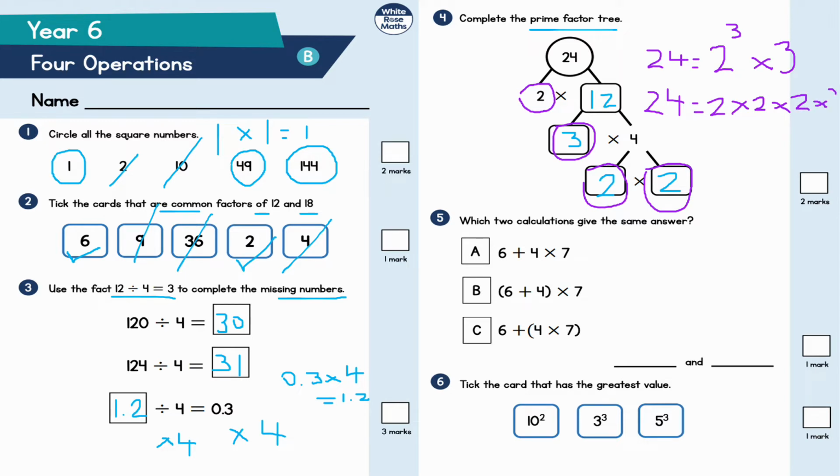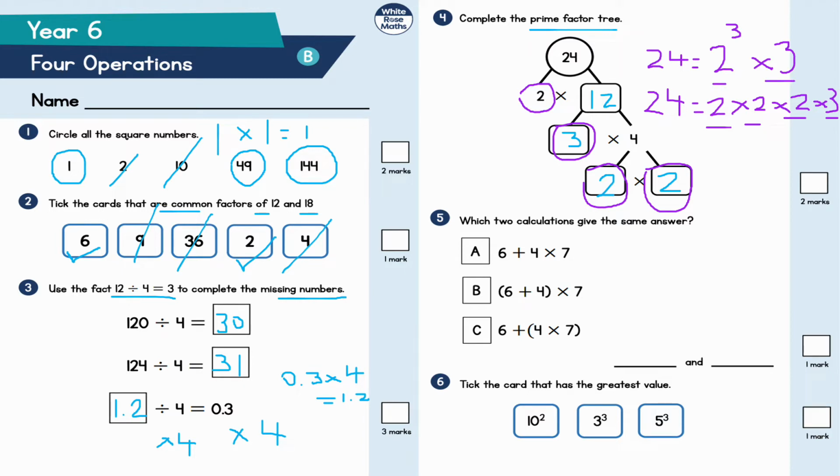So 24 is made up by doing 2 times 2 times 2 times 3, and these are what I call the prime numbers, or the prime factors, that multiply to give me the number 24, hence the word prime factor decomposition. So this is what I call the product of prime factors.